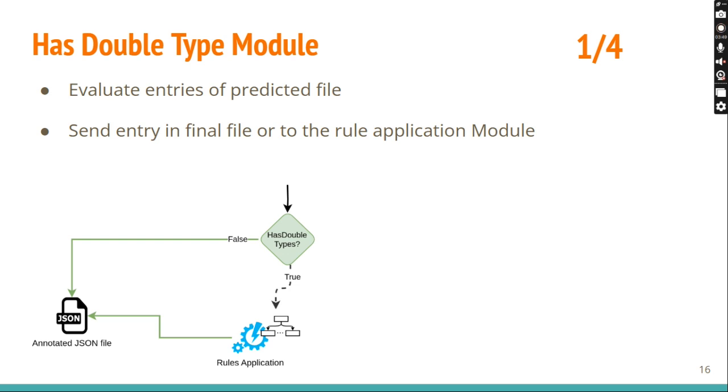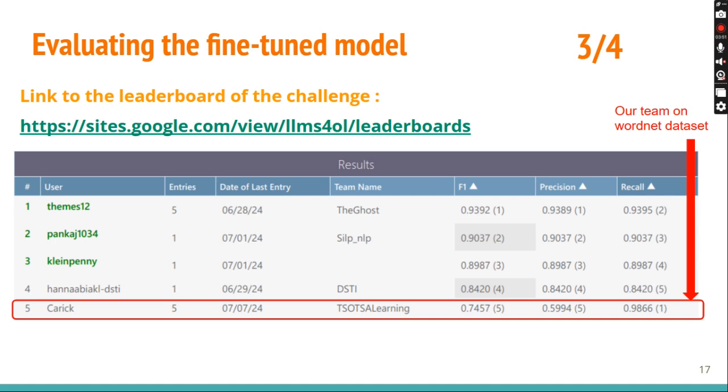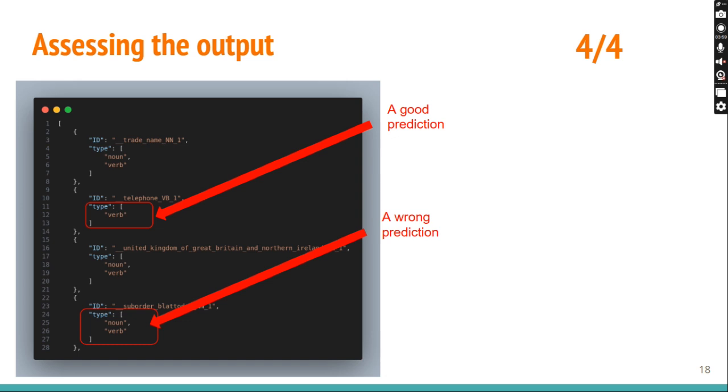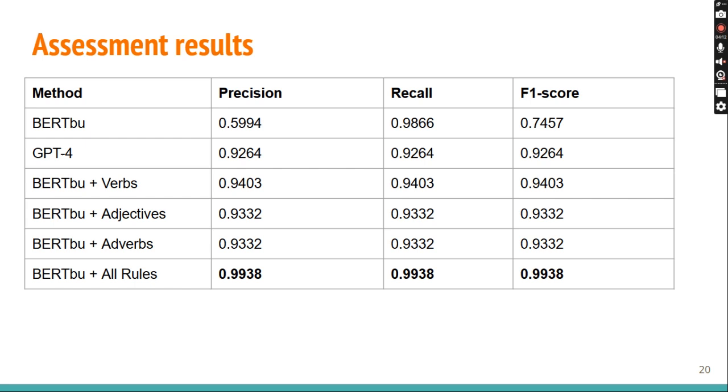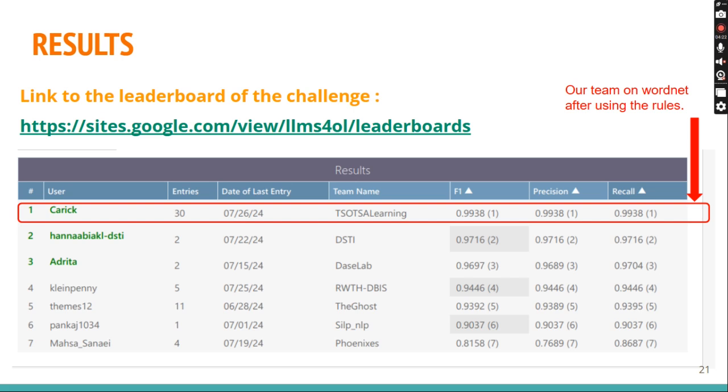This enables us to move up from this position, which was last in the rankings, by going through the data and also by setting up a pipeline to extract the rules from the data, leading to some pretty interesting results like those you see, and thus to position ourselves at the top of the challenge for the WordNet dataset, and to increase our scores for the other datasets too.